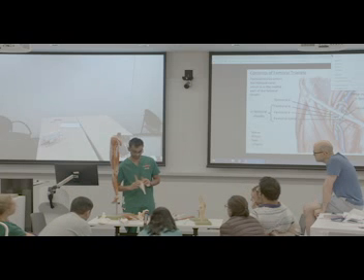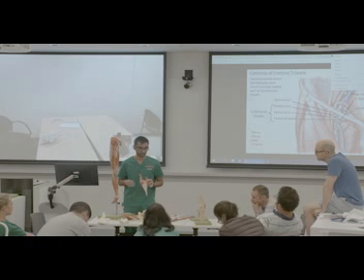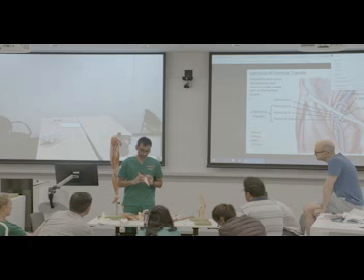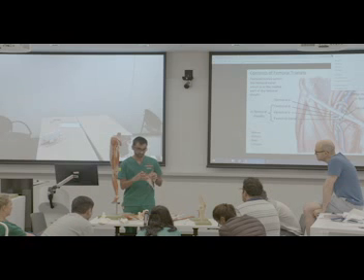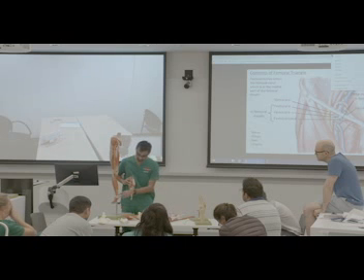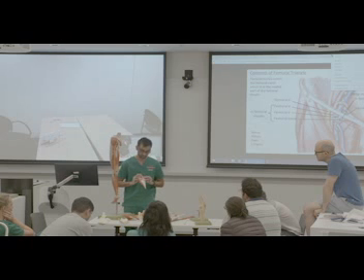Soleus doesn't actually cross the knee joint, so it's not involved in any flexion or movement at the knee. Plantaris and gastrocnemius do. They all insert via a common tendon into the posterior aspect of the calcaneus. In layman's terms, that's the Achilles tendon, or calcaneal tendon, as it's also called.